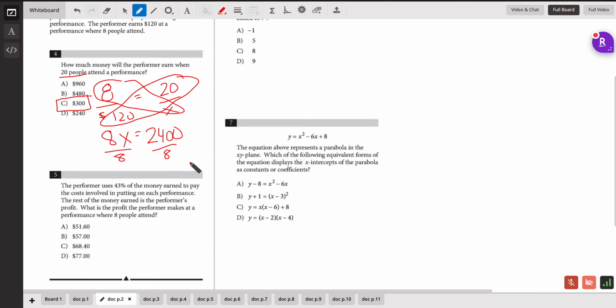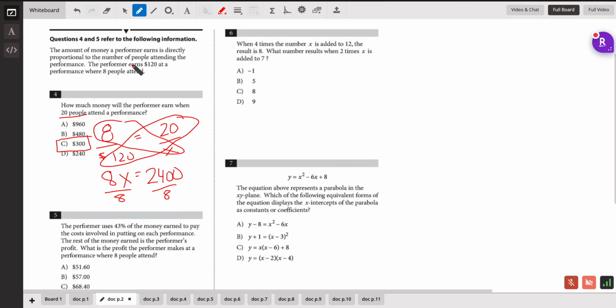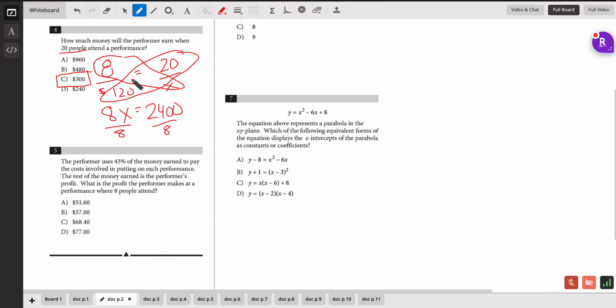Okay, so if we go back up to the question up here, where 8 people attend, they earn $120. Now, there's 2 ways you can solve this. You can take 43% of 120 and then subtract that amount from 120.